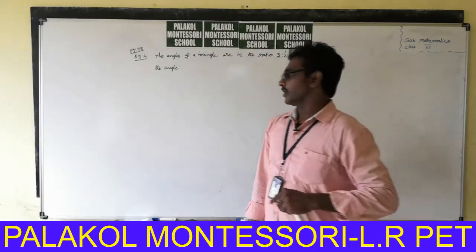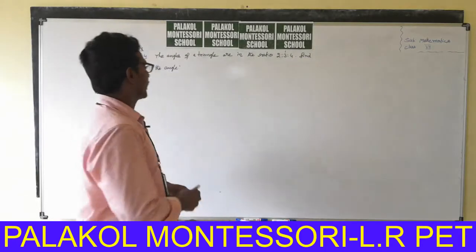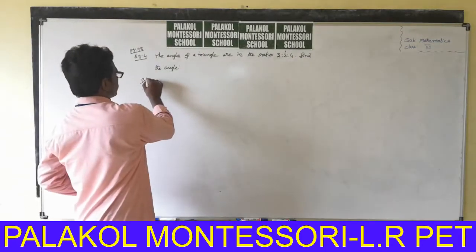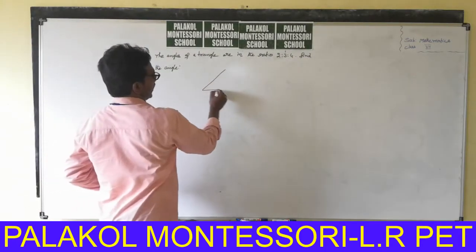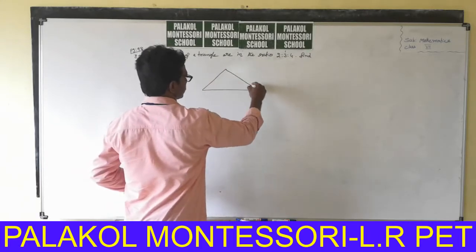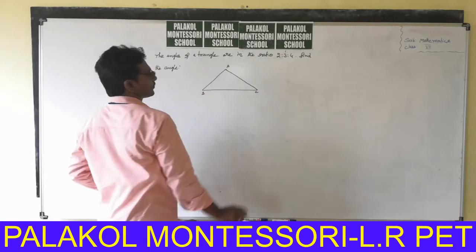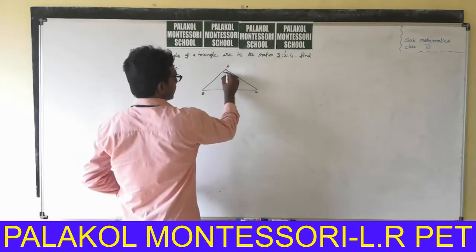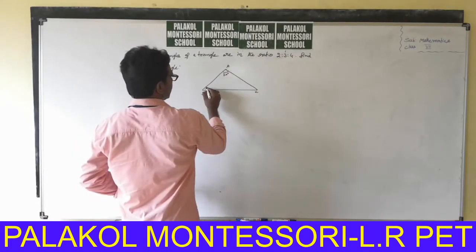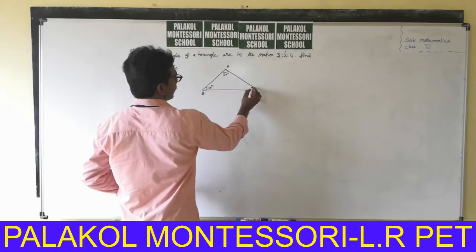Is it clear? Now, I draw one diagram. See, I draw the diagram. A, B, C. Suppose this is 2x degrees, this is 3x degrees, this is 4x degrees.